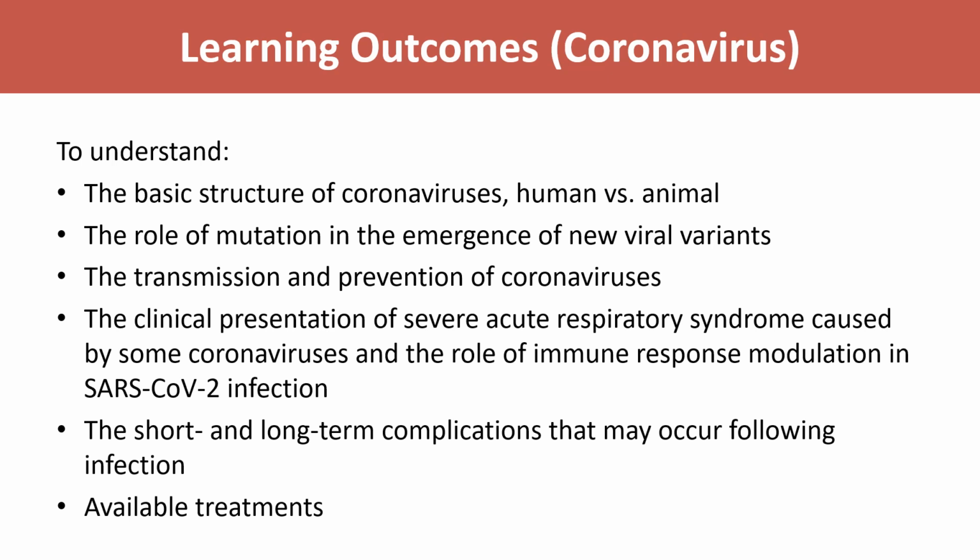Also, to understand how the virus manipulates the immune response and how it is transmitted and how it can be prevented, including through host immunity and vaccination. Also, to understand the scope of clinical presentations, including that of severe acute respiratory syndrome, and to appreciate the short and long-term complications following infection and how treatments may modify outcomes.